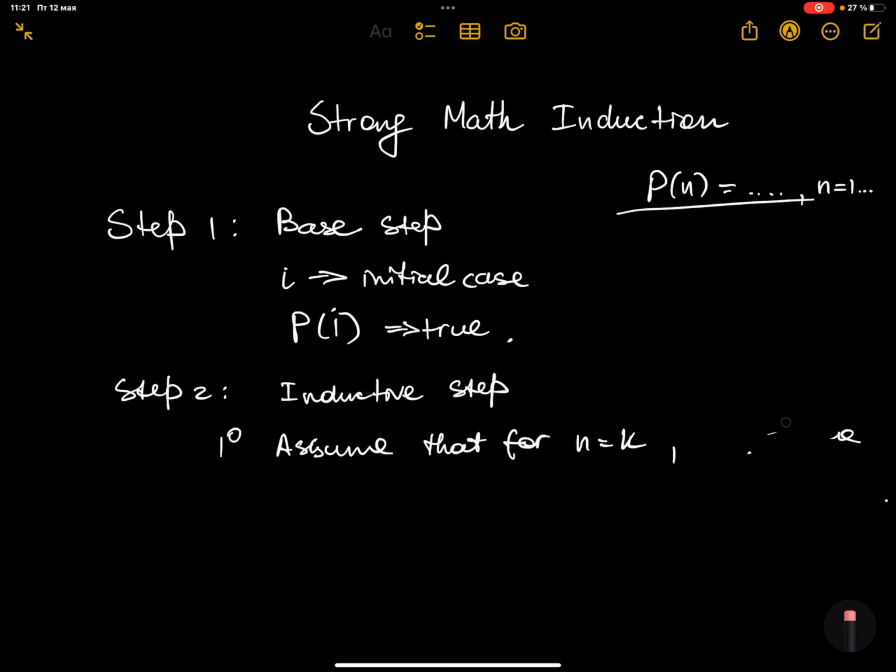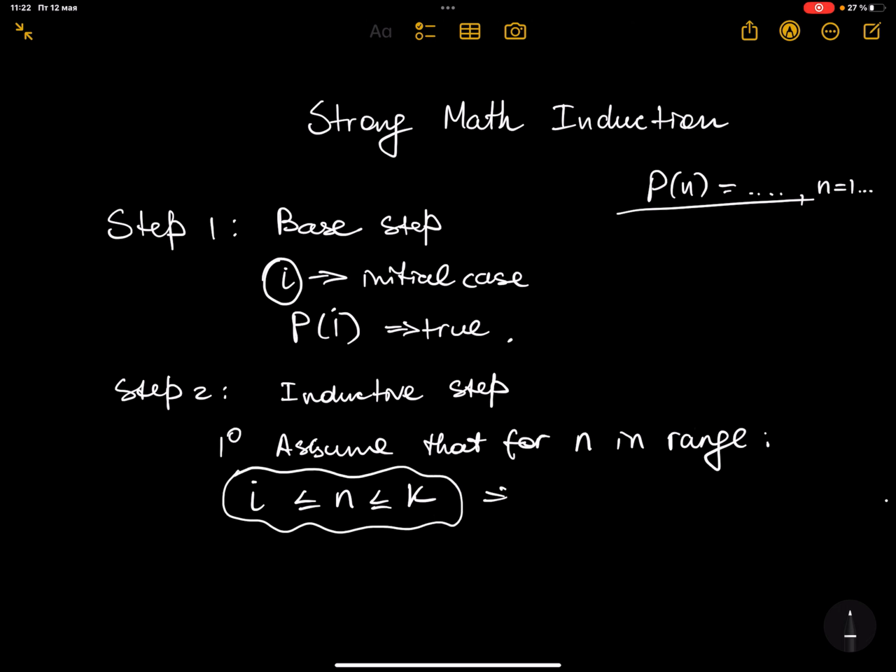No. You assume that for n in the range i less than or equal to n, and n less than or equal to k, where i is the initial case, the statement is true for all values in this range.